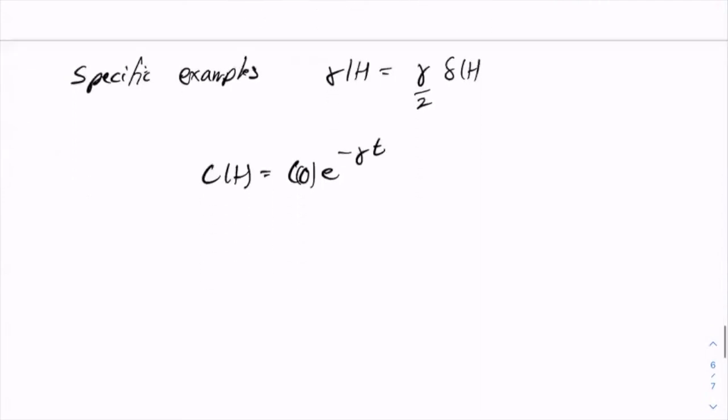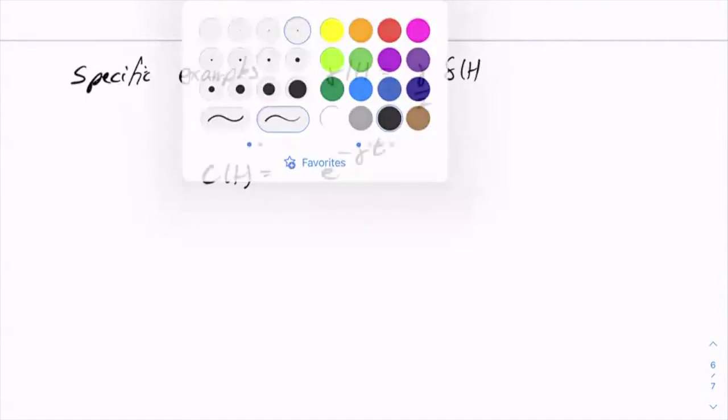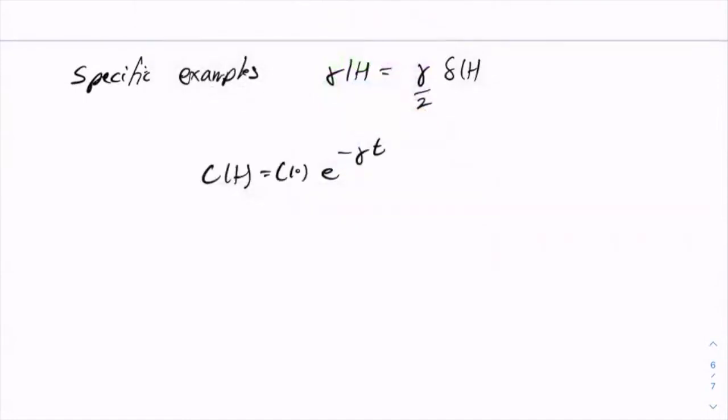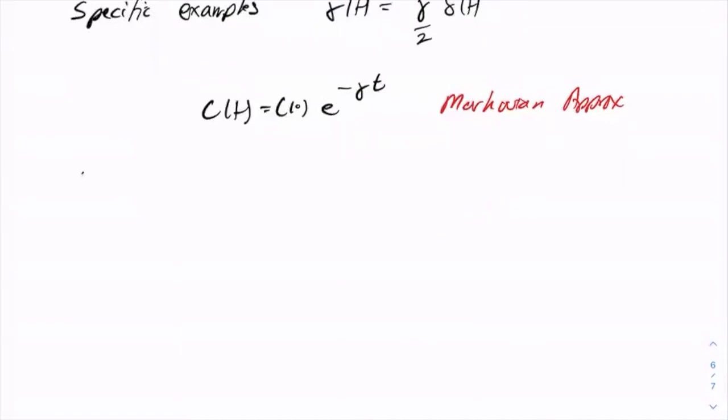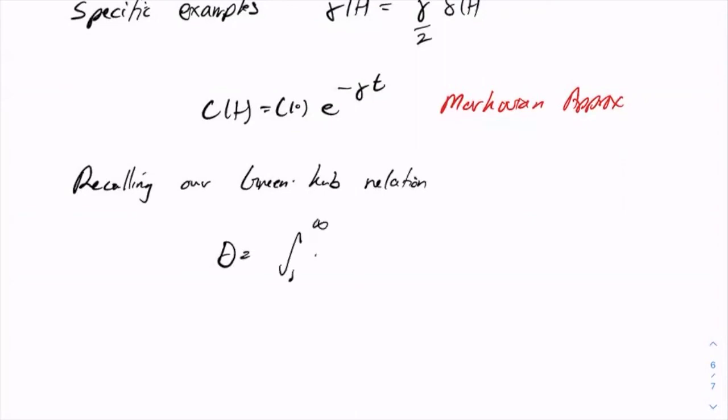Recalling our Green-Kubo relationship, the diffusion constant being equal to an integral over the velocity-velocity autocorrelation function.